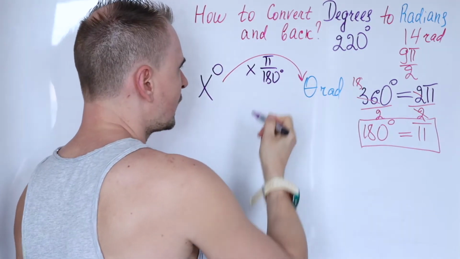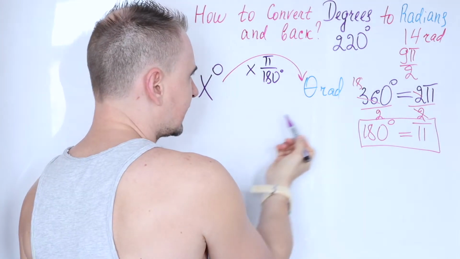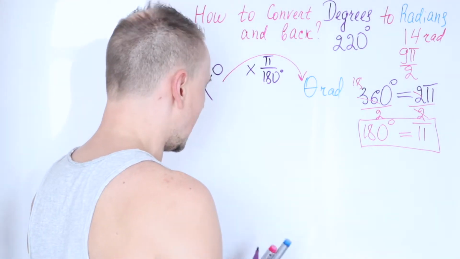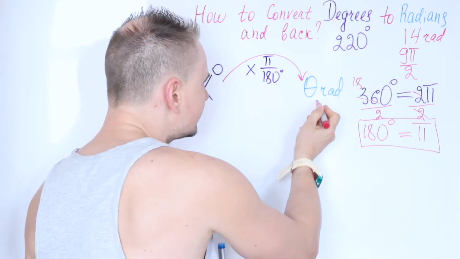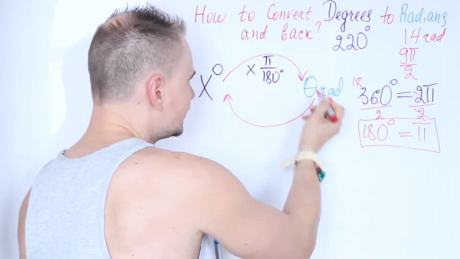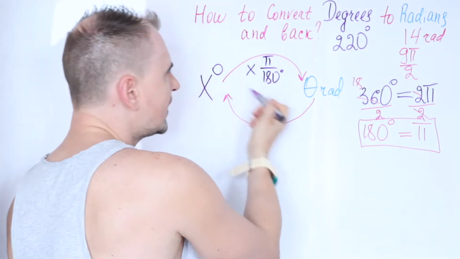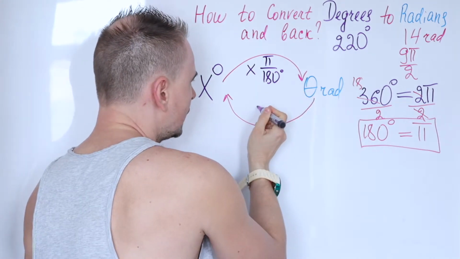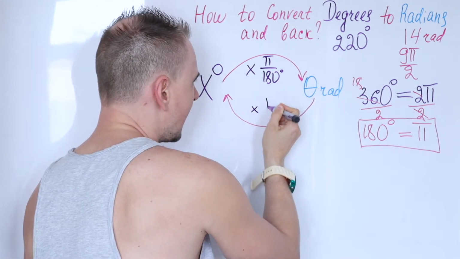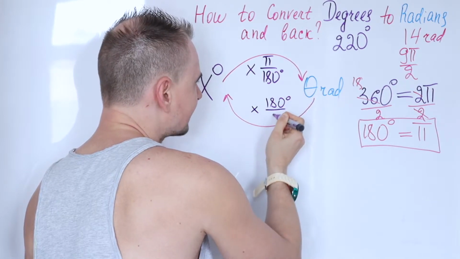This is your conversion factor. The way back, if you are given radians now and you want to get the degrees, all you do is just multiply your radians by the flipped version of this factor. So you need to multiply it by 180 degrees over pi.